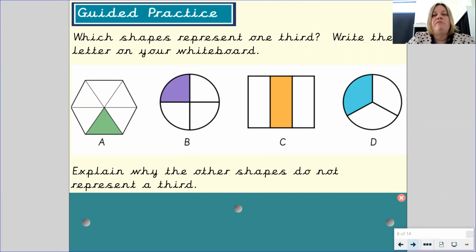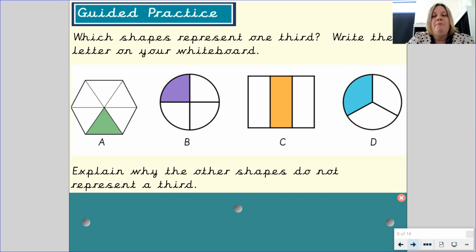Which letters represent 1 third? Write the letter on your whiteboard. Explain why the other shapes do not represent a third. So look at the shapes, find the shapes that show a third and explain why the other shapes do not represent a third.